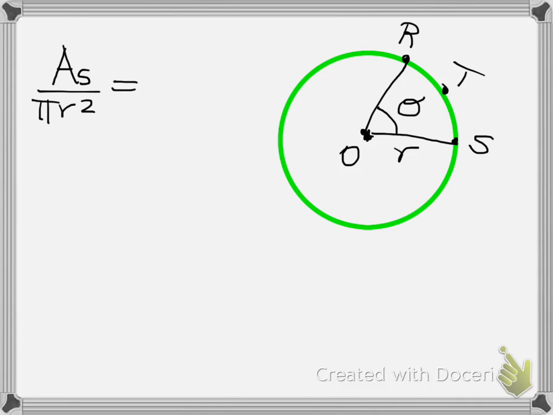Area of the sector over the area of the circle. That's part over the whole. Part of the circle over the area of the whole circle. Over what we already know how to find, the arc length. Okay, but this is the length of RST.